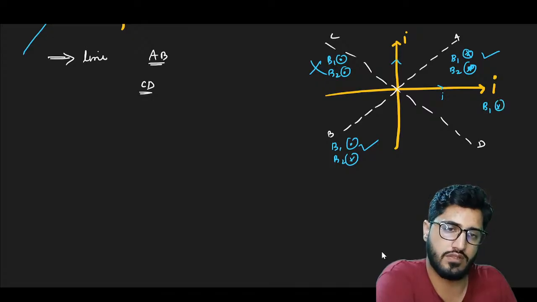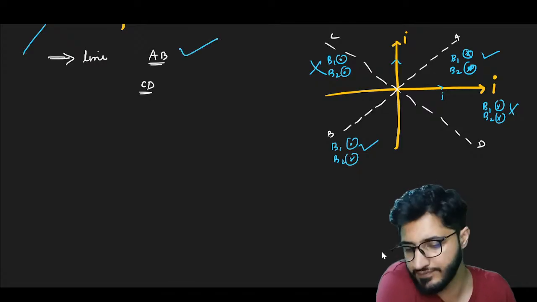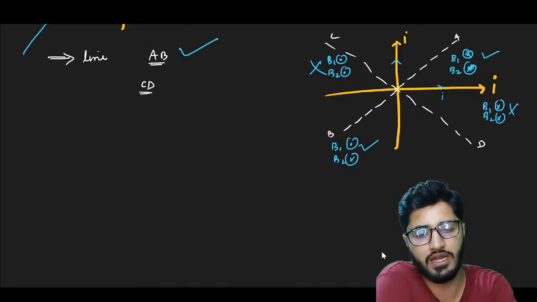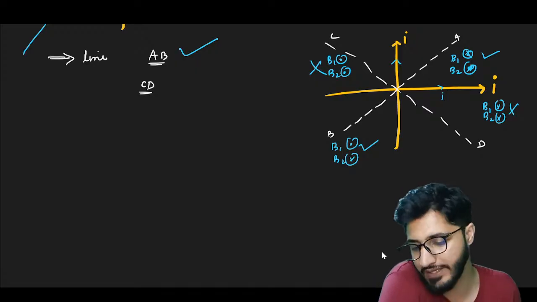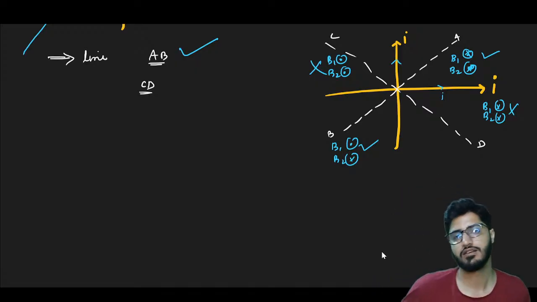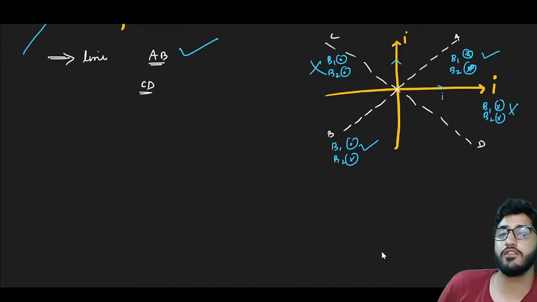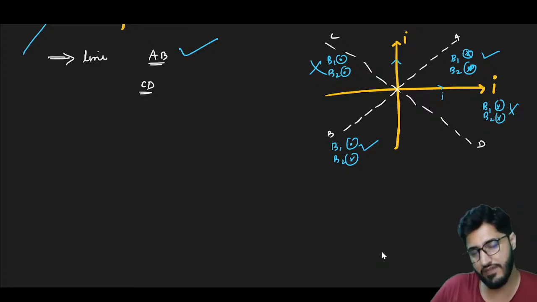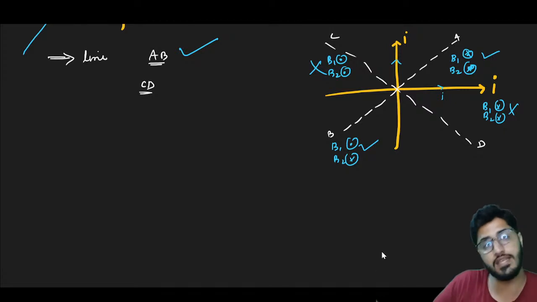Here B1 is inwards, B2 is inwards. Not possible. So it is AB. So we have to apply the formula this way. We are dealing with a very great concept, the null point. How to get the null point? We discussed this in previous chapters also, like in electrostatics. Now we are dealing with it here also.